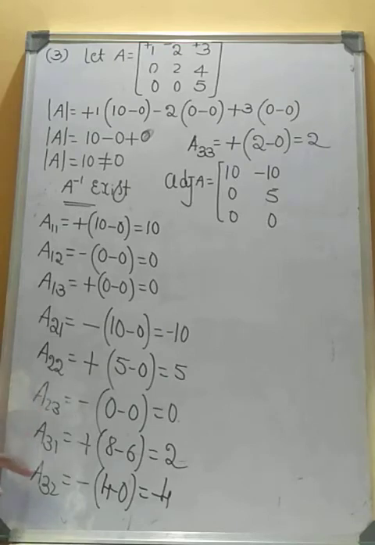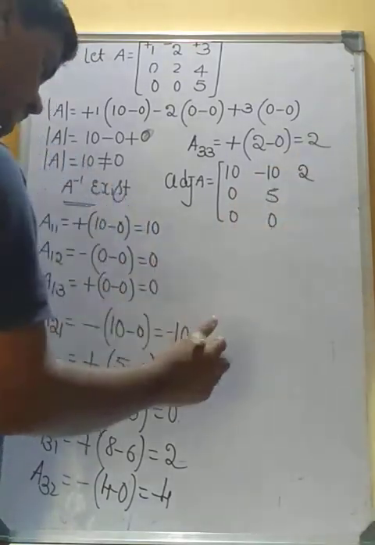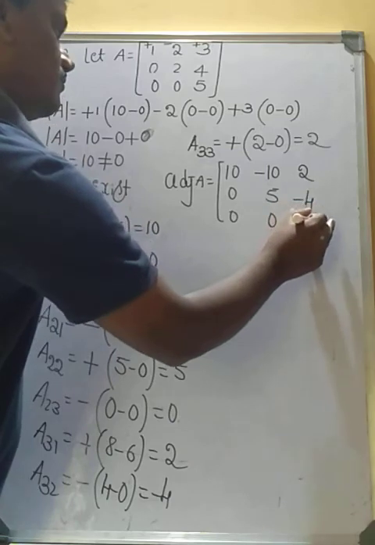Third row cofactor elements, 10 0 0, minus 10 5 0. Okay, right. Third row elements, that is in third column, 2 minus 4 2.